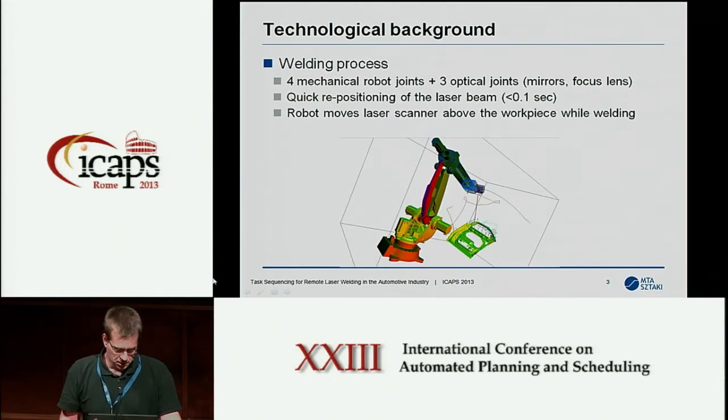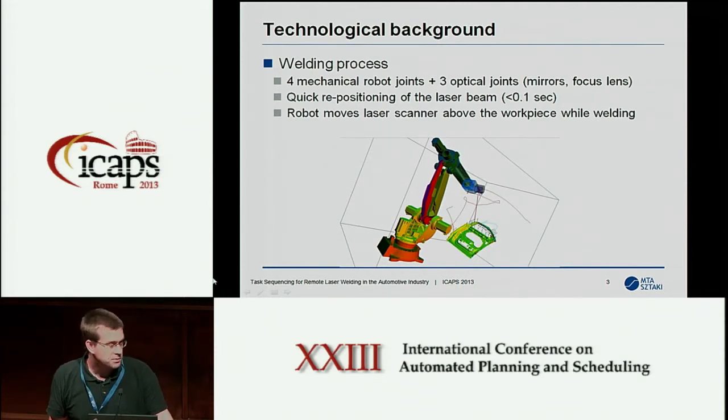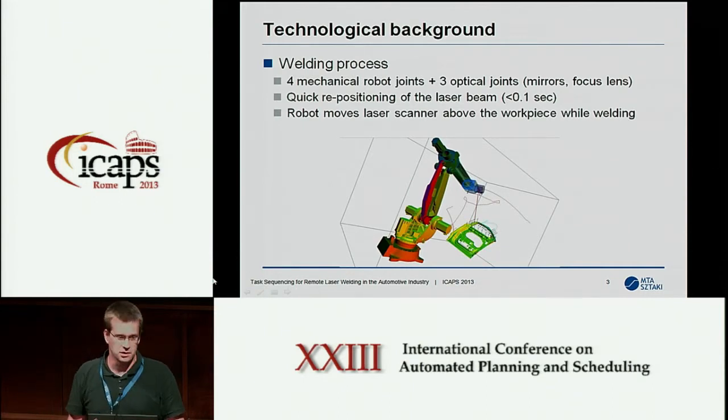Okay, so a typical laser welding robot has 4 mechanical joints. And at the end of the robot arm, there is a laser scanner that contains 3 additional optical joints. These include 2 mirrors and 1 focus lens for positioning the laser beam.